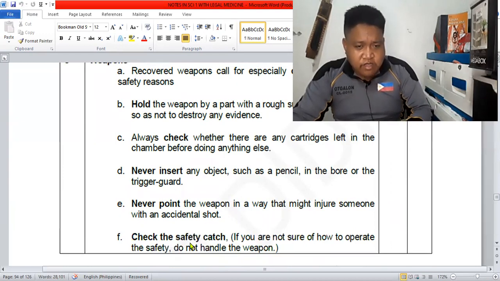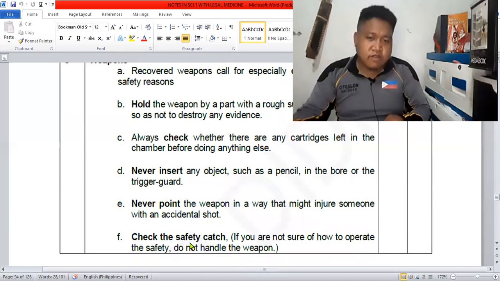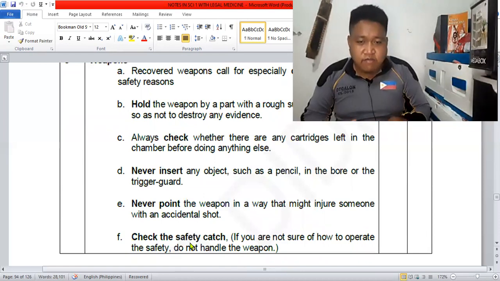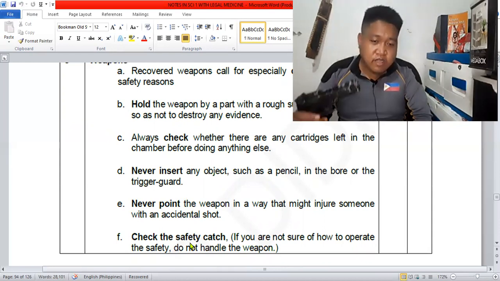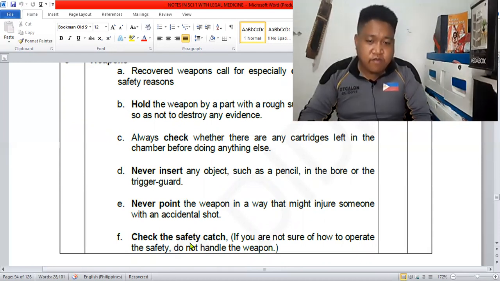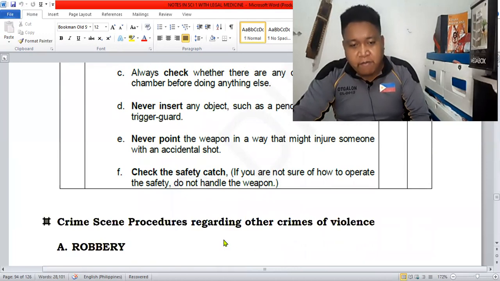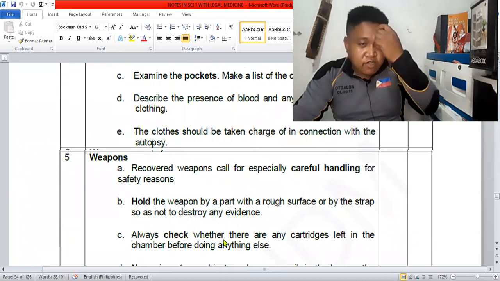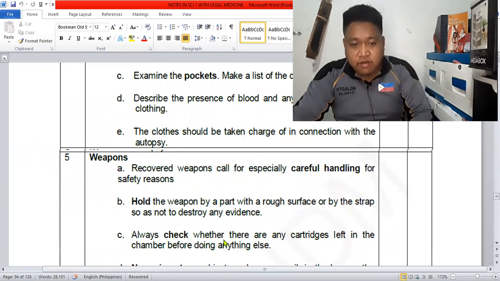Then check the safety catch. No, alam niyo siguro ang parts of the firearms like pistol. You have to check the safety catch na naka-safety yan. If you are not sure of how to operate the safety, do not handle the weapon. Okay, so those are the checklists that you should do at the crime scene.